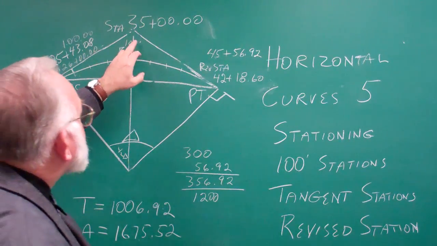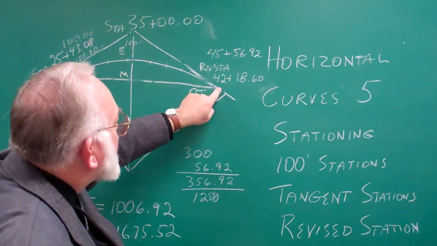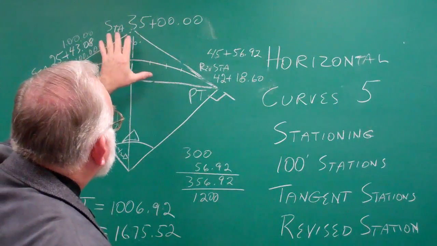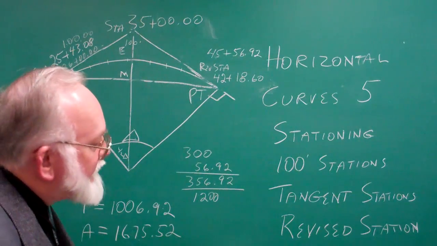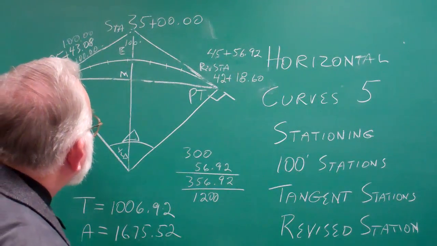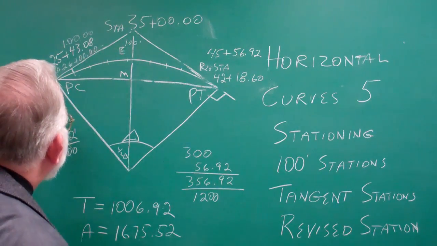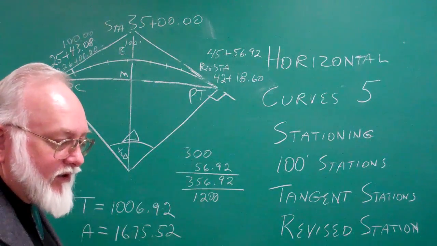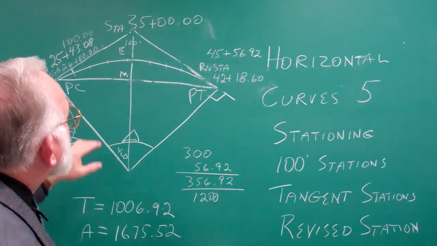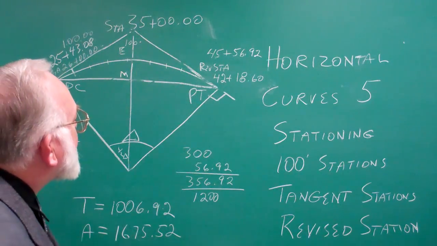Now, to get your stationing for the PT, which is going to be the tangent stationing, this far into the project, when they're still planning it out, you don't know what the arc length is going to be because you don't know the radius. So therefore, you're still using tangent lengths.